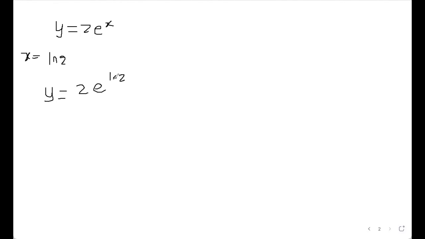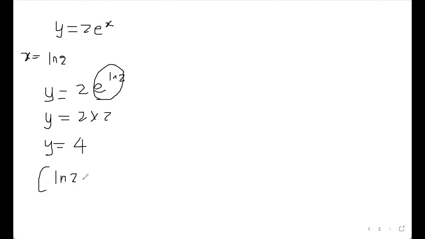So e to the ln 2 is 2, so we have y equals 2 times 2, and that means y is equal to 4. So we have x is ln 2 and y is 4.